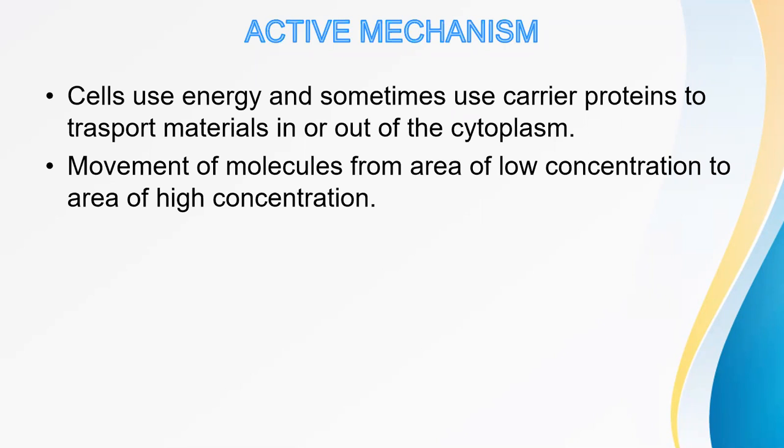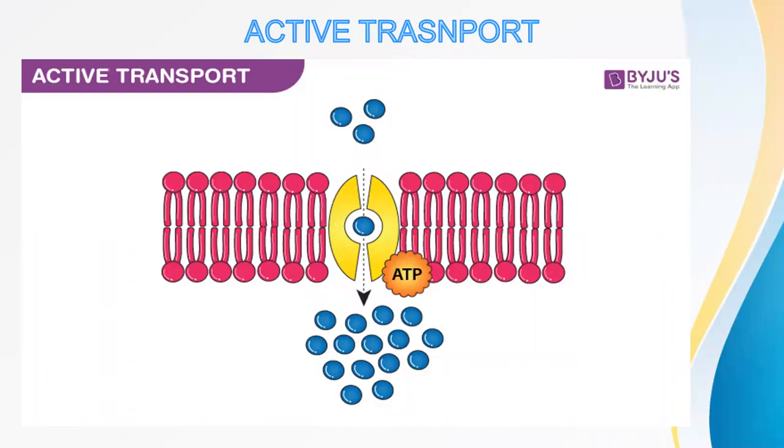Okay, in active transport, let's have a look at the picture. So in active transport, a carrier protein on the membrane binds with a molecule that will enter the cell. Like I said earlier, in active transport, these carrier proteins on the cell membrane bind with the molecule that will enter the cell.